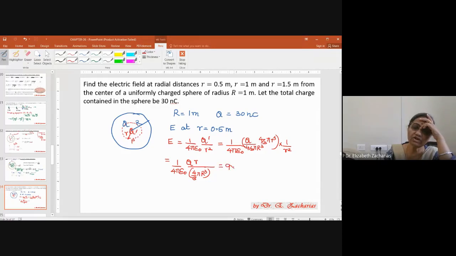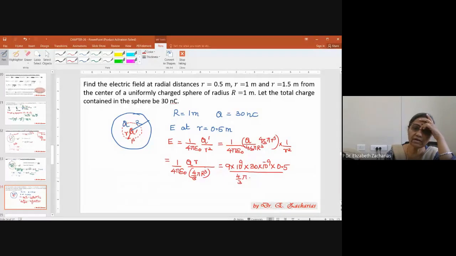Substitute. So 9 into 10 to the power of 9, into what is capital Q? 30 into 10 to the power of minus 9, into what is small r? 0.5, divided by, 4 pi epsilon naught and 1 by 4 pi is taken care of, and then you have 4/3 pi.